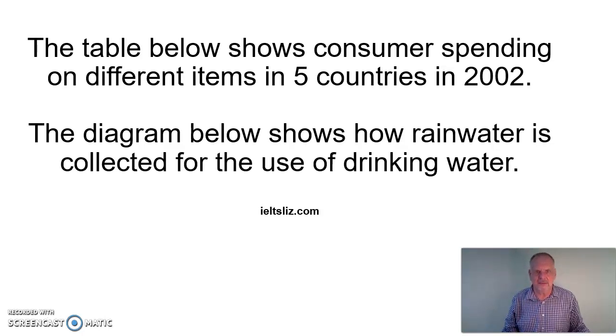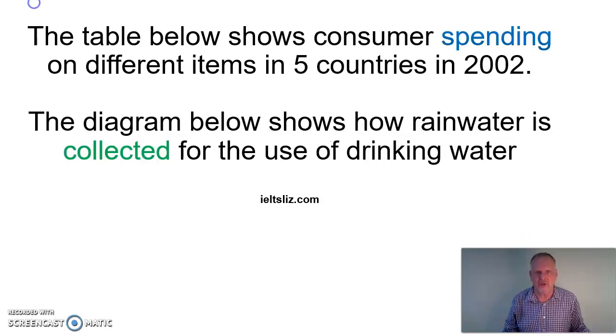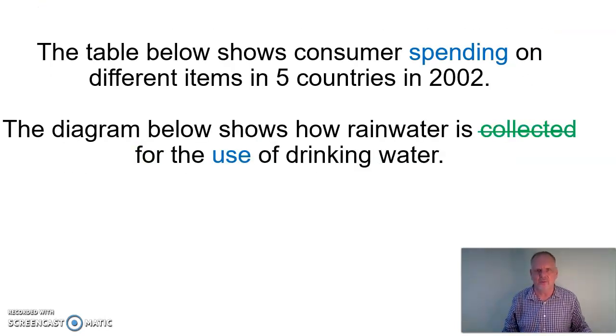And the second one, well, first of all, I see collected. So collected, collection, that would work. How rainwater collection is used for the drink. Yeah, we could use that. Or we could use use of, which is a noun, and change that to a verb. So rather than doing collected, collection, let's do use of. So spending on and use of.